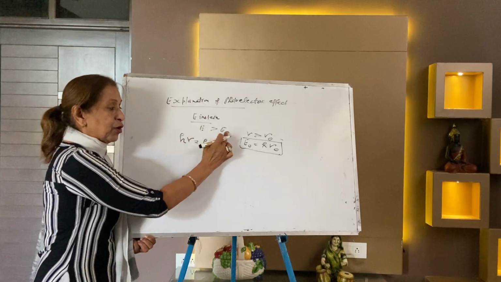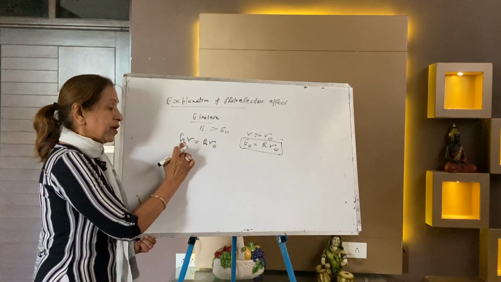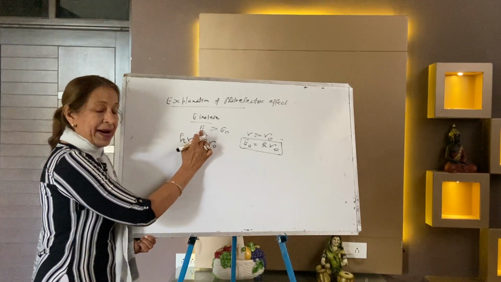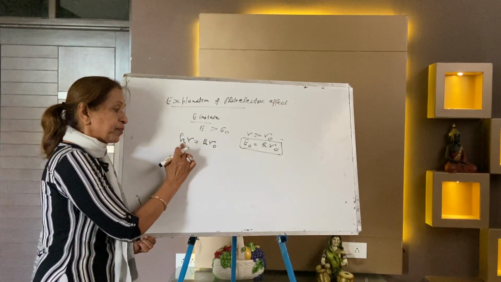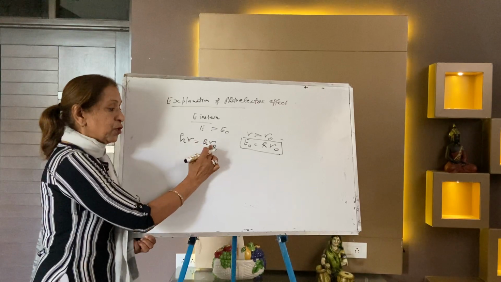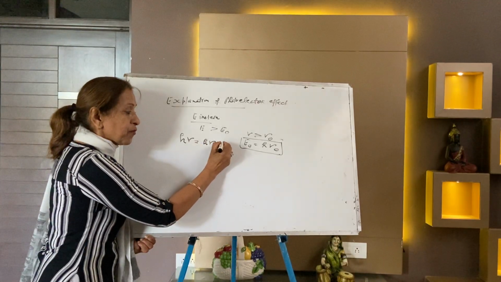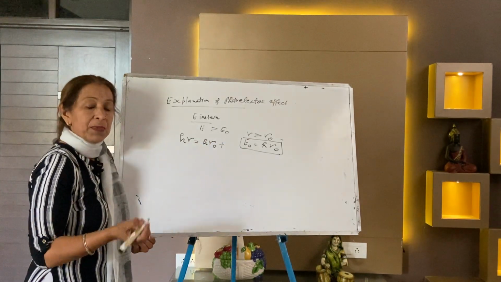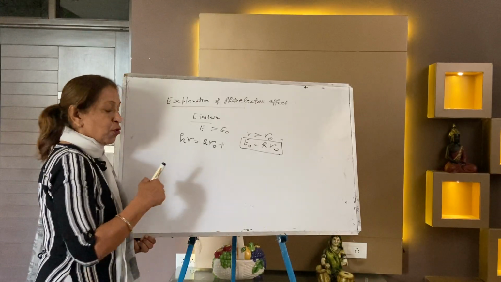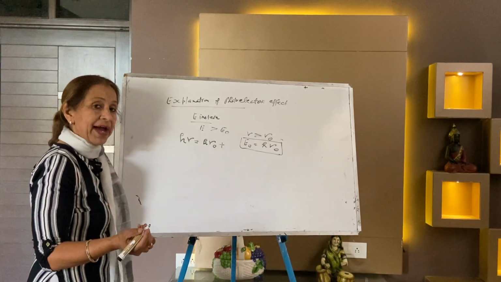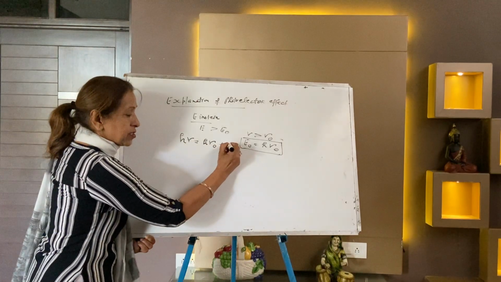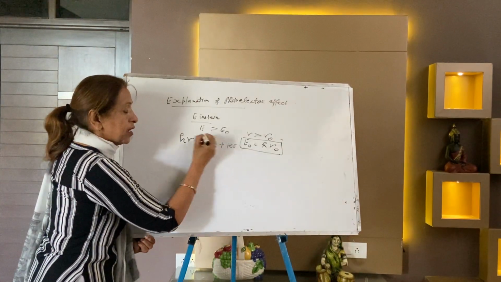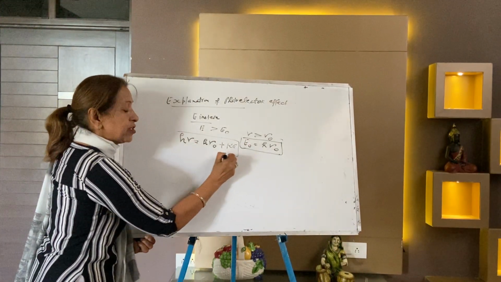E is h nu, E naught is h nu naught. So when E is supplied to the metallic surface, h nu is equal to h nu naught plus, where will the rest energy go? Because E is greater than E naught, we have given them h nu, which is greater. The rest energy becomes kinetic energy. The electron comes out with the rest energy.